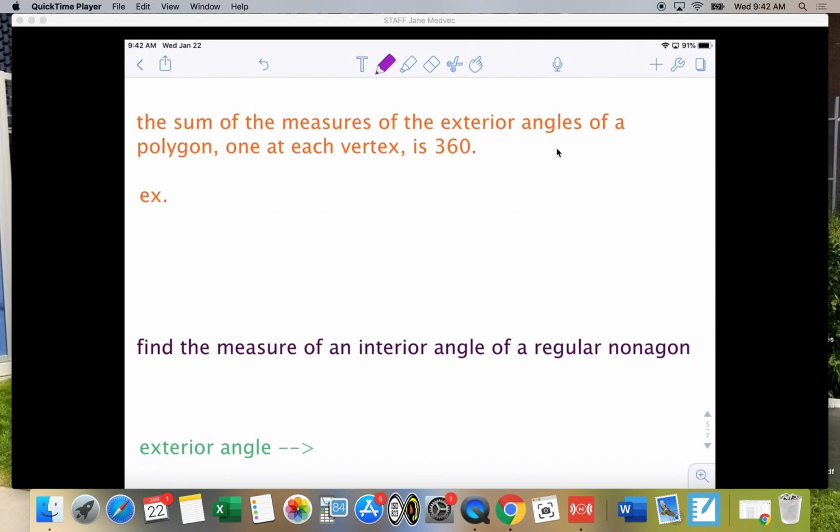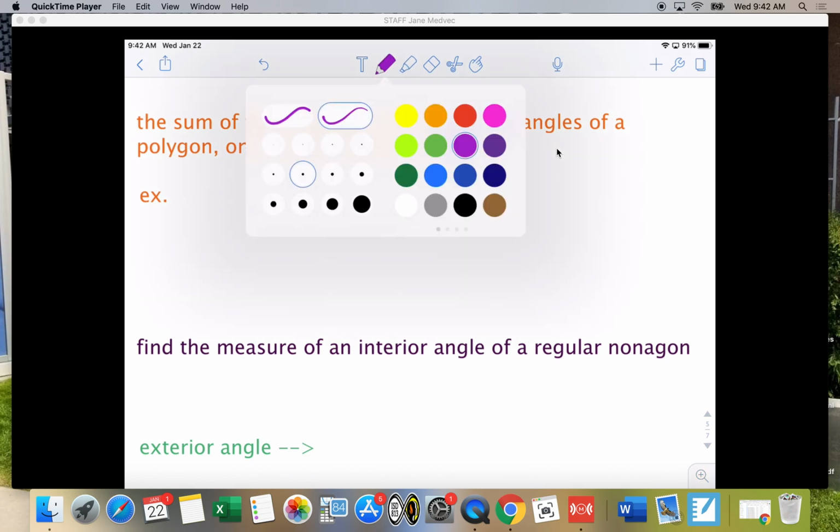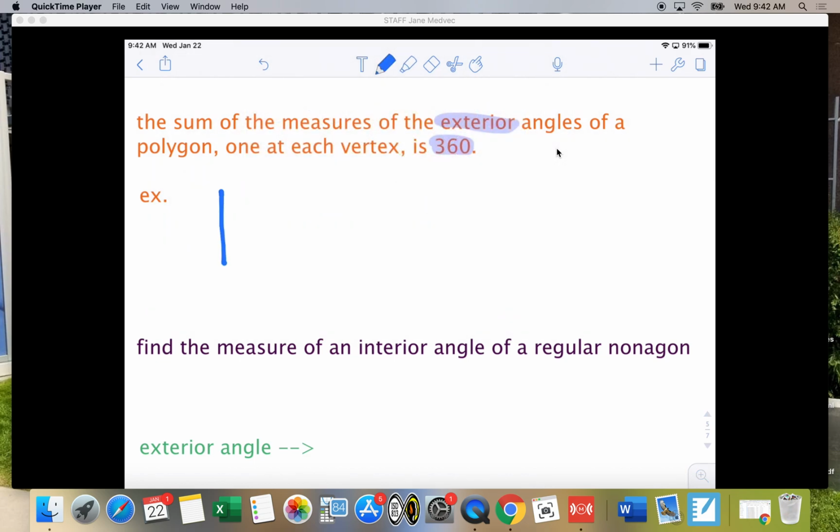All right, the sum of the measures of the, what type of angles? Exterior angles of a polygon, one at each vertex, is 360. So they're not the angles inside, they're the angles outside. This is what it means. So let's say I have a rectangle or quadrilateral.